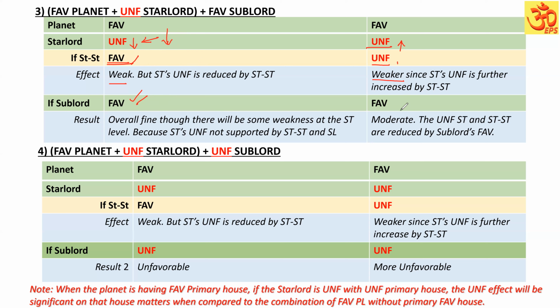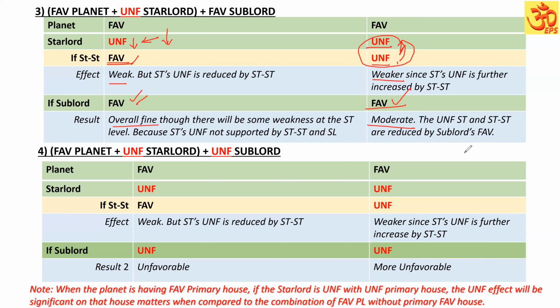In this way individually we can also check. On this option, in the same way the sublord is favorable. Now what happens is that the star lord and the star lord of the star lord, studied together, are giving weakness. That is not further supported by the favorable sublord, so the result is going to be moderate. It is overall fine, but moderate because two levels, the unfavorable star lord and the star lord of the star lord, combined are not good.